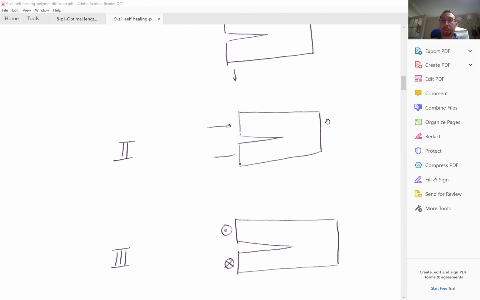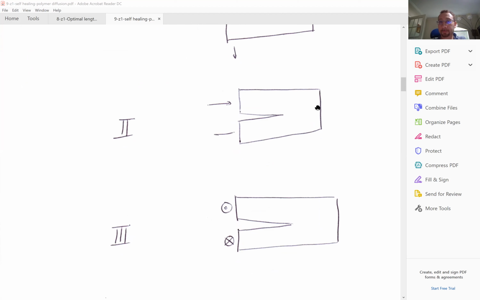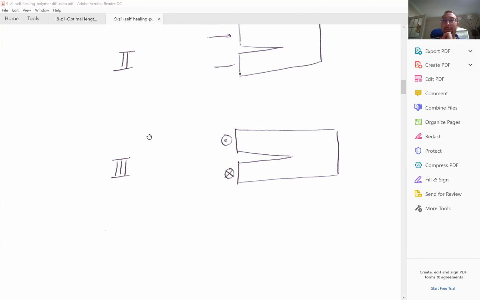But what is K2? K2 is in plane shear. So basically, the loading is parallel to the fracture surface, and it's defined by this far field loading. So you're basically trying to shear off the crack and open it. Mode 3 is anti-plane.